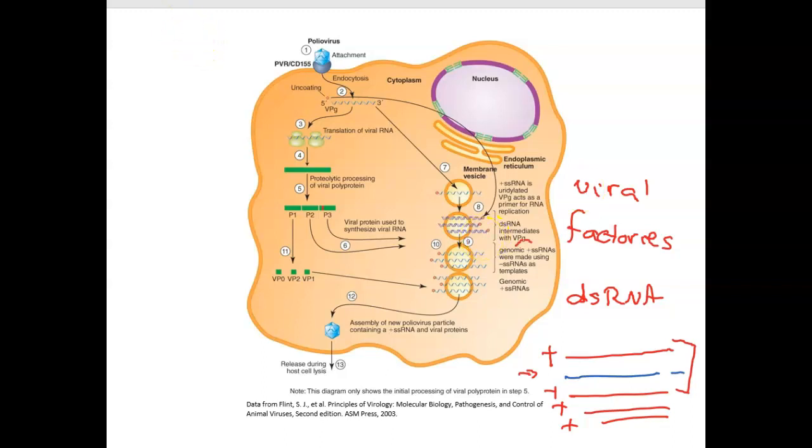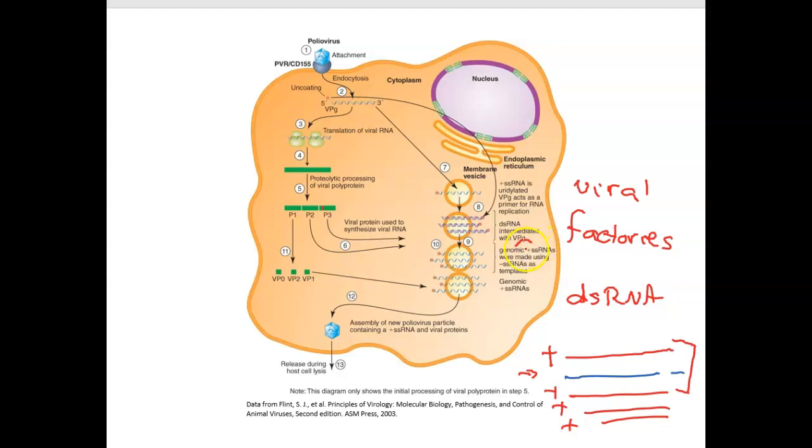So VPg, the viral protein that's associated with the genome, is essential for the replication of the RNA genome. The RNA polymerase needs a primer to start. So the VPg gets a whole bunch of U's attached to it. It gets polyuridylated.